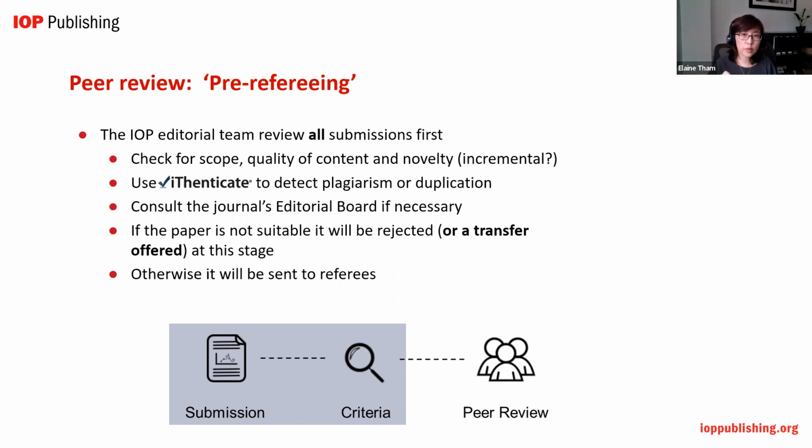The language of the paper also needs to be good enough for reviewers to understand the manuscript. At this stage, we will run a duplicate check to make sure that it hasn't been submitted to more than one journal simultaneously, as well as a plagiarism check. If the paper meets all the criteria for the initial check, then it continues on to the peer review process.